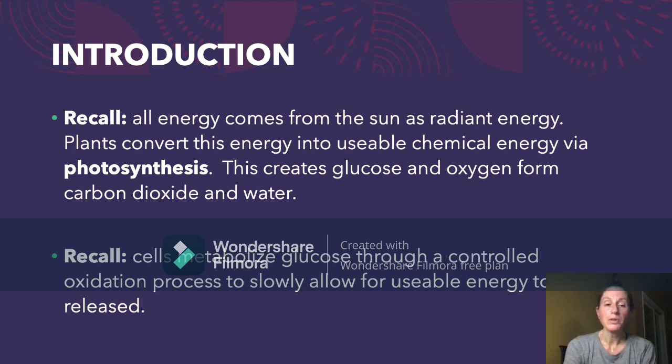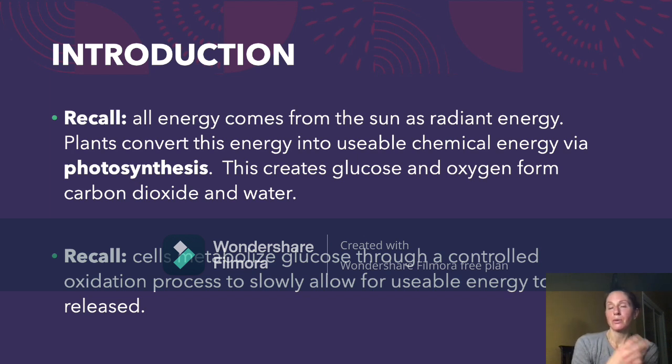Okay, also our cells, or also plant cells, so it's important to remember that cellular respiration occurs in plant and animal cells. They metabolize glucose, our cells metabolize glucose, and this is through a controlled oxidation process.